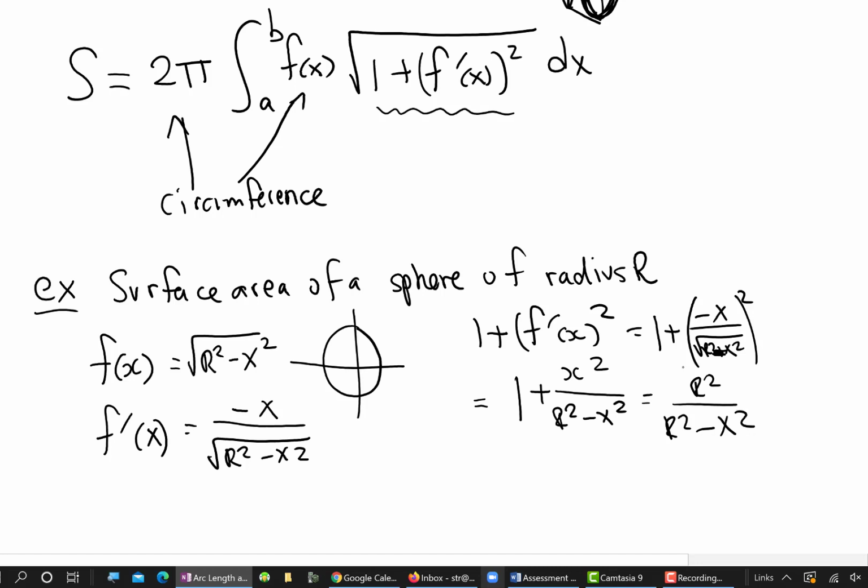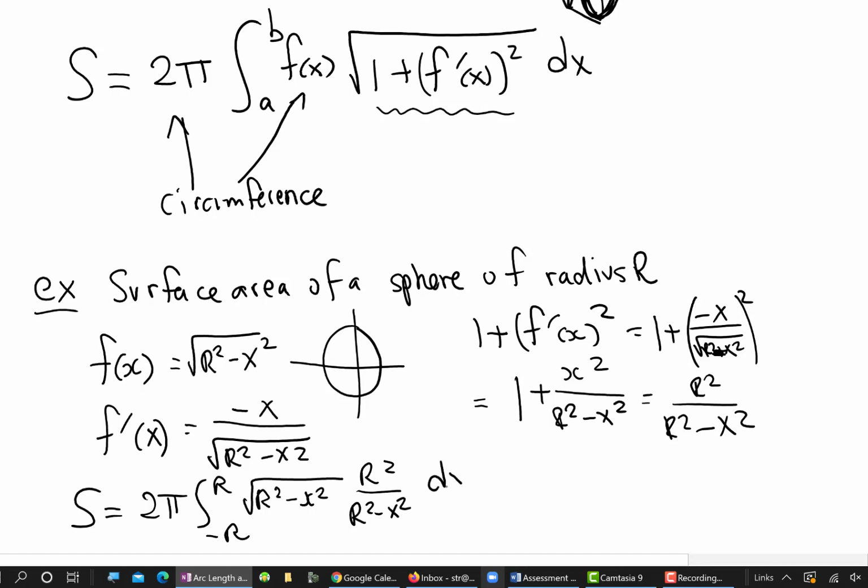So now I can set up this formula, s equals 2 pi, integral from a to b, but now I'm going from negative r to r. Then I have my original function, which is the square root of r squared minus x squared, and I have this new function that I've just created, r squared over r squared minus x squared, and dx. And this is square rooted, of course, because I have a square root in this formula.